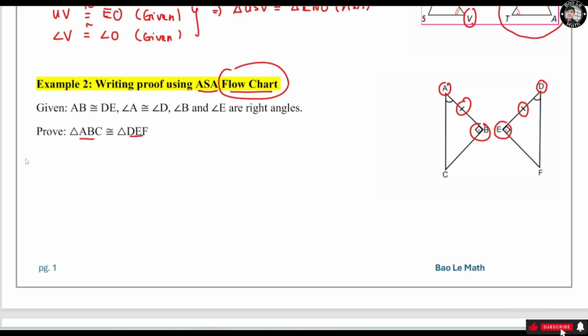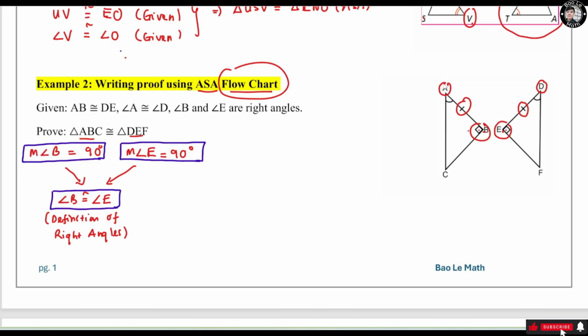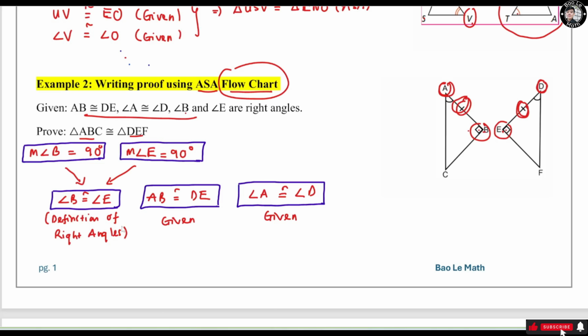So we say the measure of angle B equals 90 degrees, and the measure of angle E equals 90 degrees. Then angle B is congruent to angle E by the definition of right angles. Next, angle A is congruent to angle D, given. And side length AB is congruent to side length DE, given. It's right here.